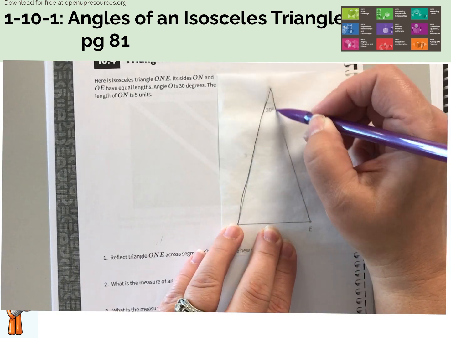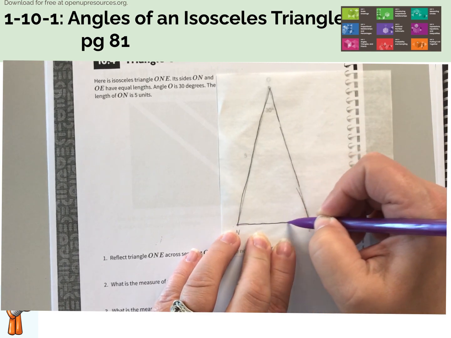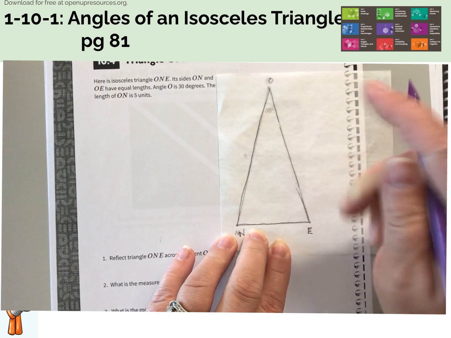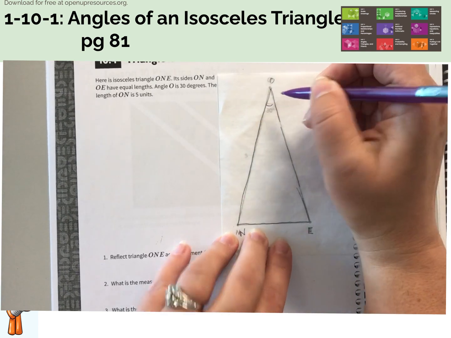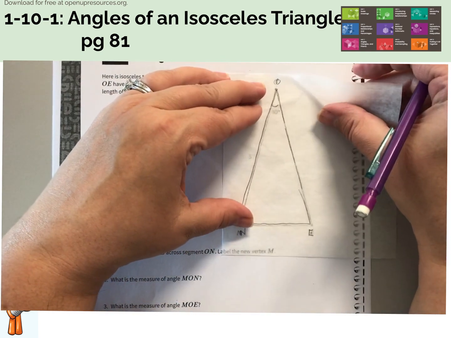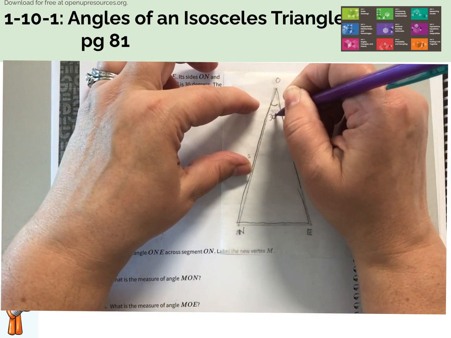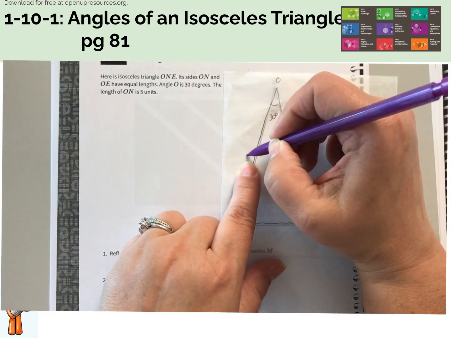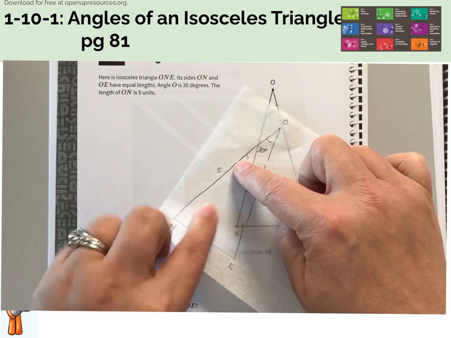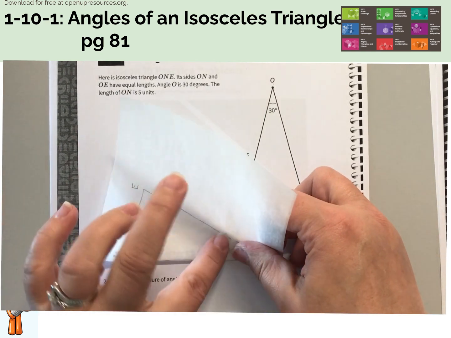ONE, and I'm going to reflect it. How many degrees is that one? 30 degrees. Is it 30? Yep, 30 degrees. And this one is 5 degrees. So I'm going to reflect it across ON, so that's where I'm going to fold my paper on ON.